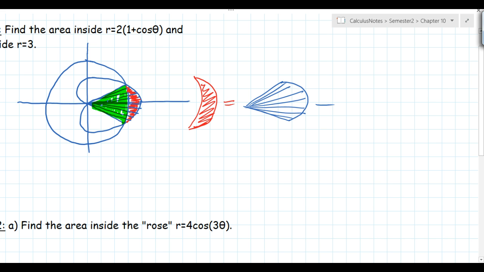So that's the extra area that we didn't mean to include. Okay, so we need to subtract that off.